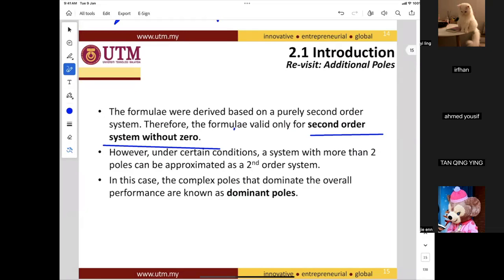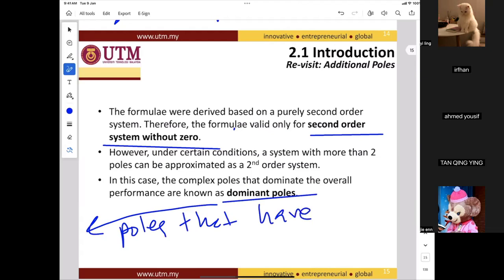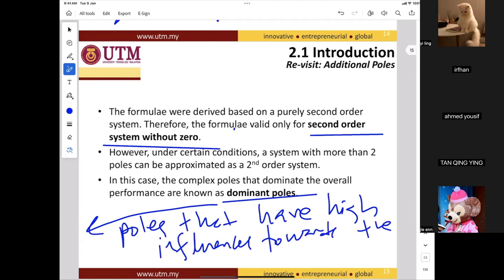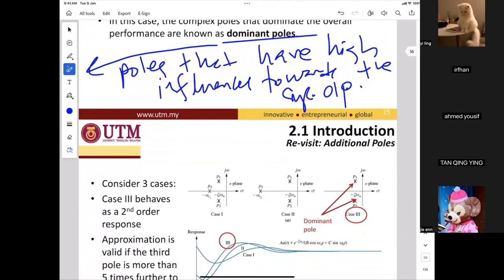In this case, the complex poles that dominate the overall performance are known as dominant poles. Dominant poles are poles that have high influence towards the system output. So please remember dominant poles.